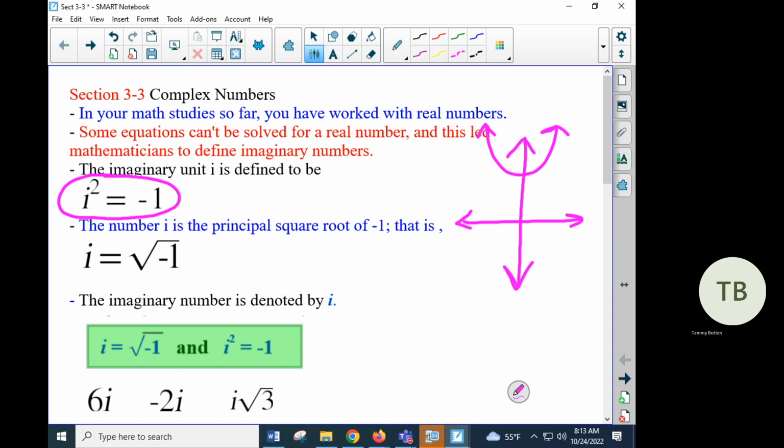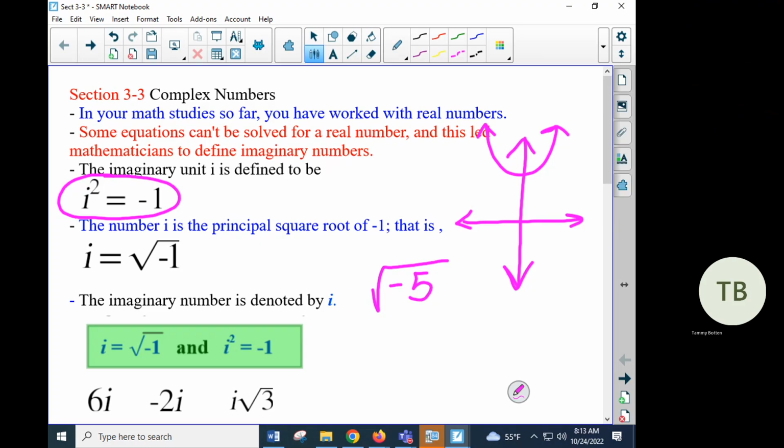So there's going to be times today that we have to take the square root of -5. Anytime you have a negative under a square root, that means you're going to have an imaginary number because we cannot take the square root of a negative number.